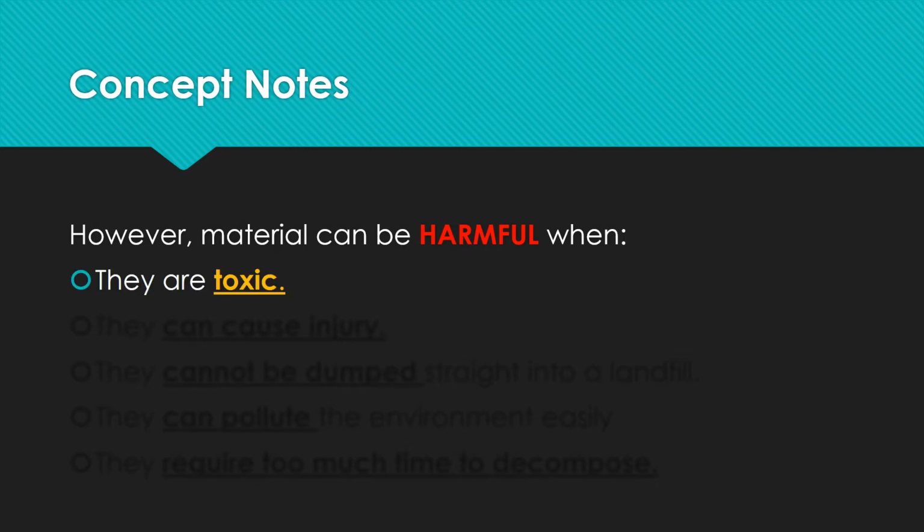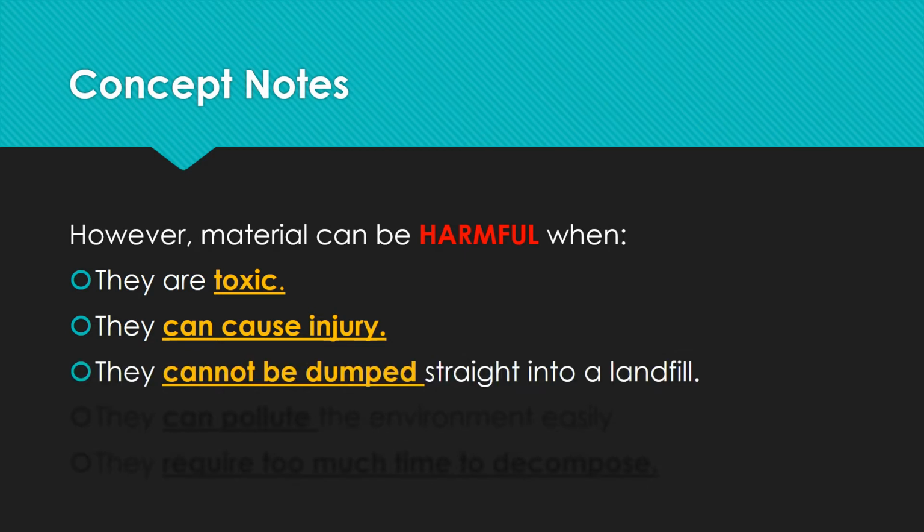Toxic materials are poisonous and worse, deadly. They can cause injury or cause any part of your body to be harmed, broken, or cut. They cannot be dumped straight into a landfill.